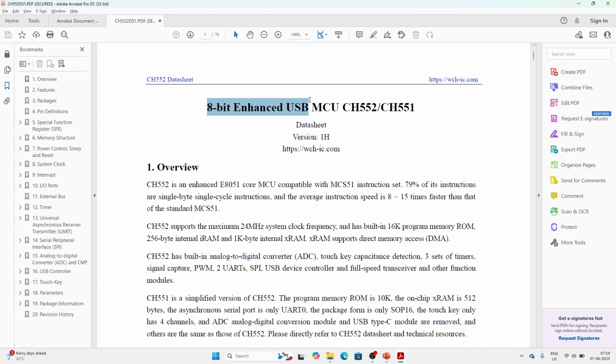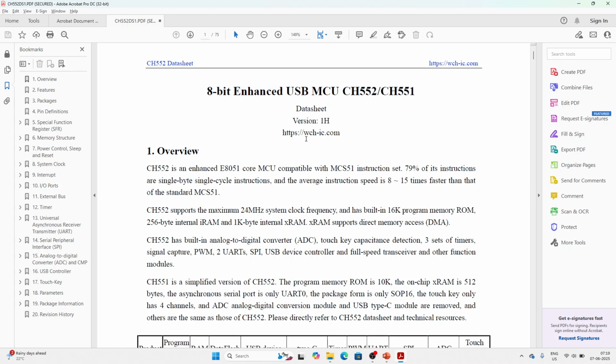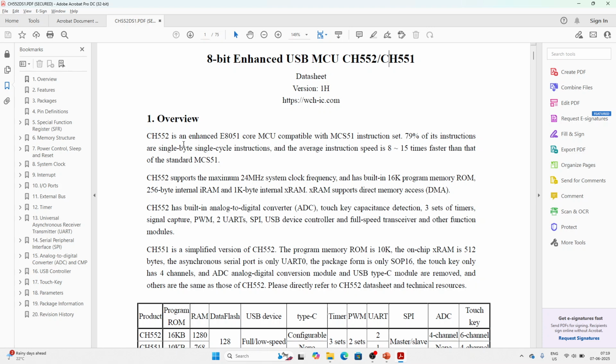This is the 8-bit enhanced microcontroller CH552 or 551 by WCH. So what is CH552? It is an enhanced 8051 core microcontroller compatible with the 8051 instruction set, right? And almost 80% of its instructions are single cycle instructions.